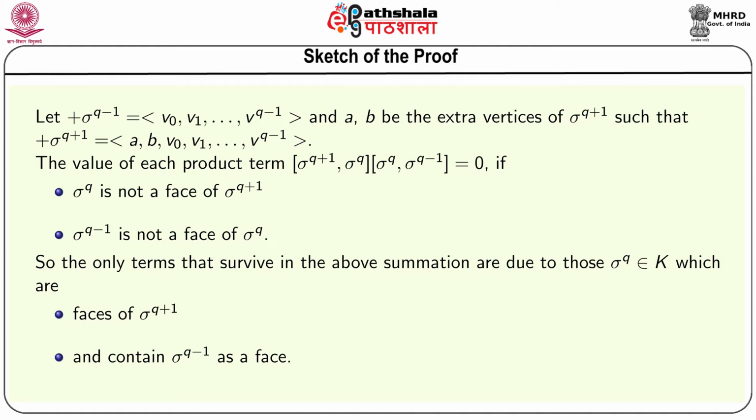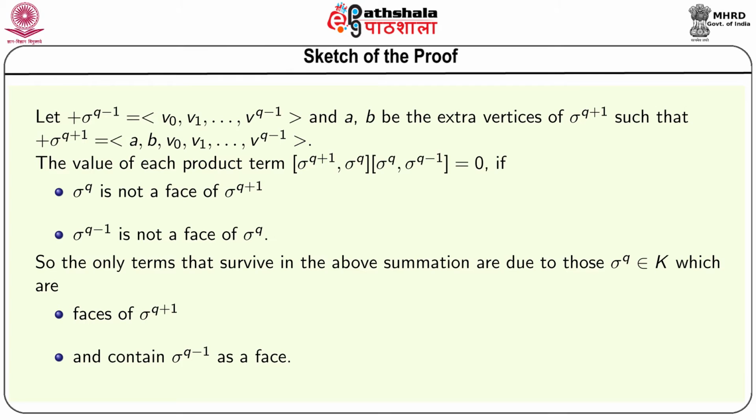The value of each product term, the incidence number of sigma q plus 1 with sigma q multiplied with the incidence number of sigma q with sigma q minus 1, is equal to 0 if sigma q is not a face of sigma q plus 1, or sigma q minus 1 is not a face of sigma q.